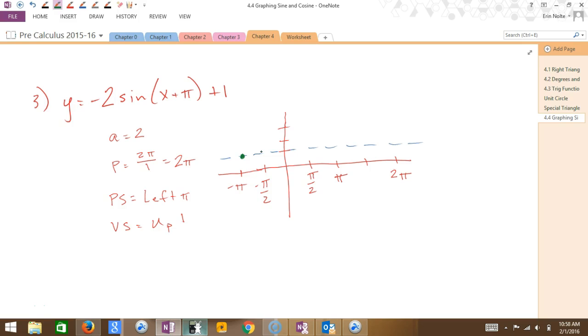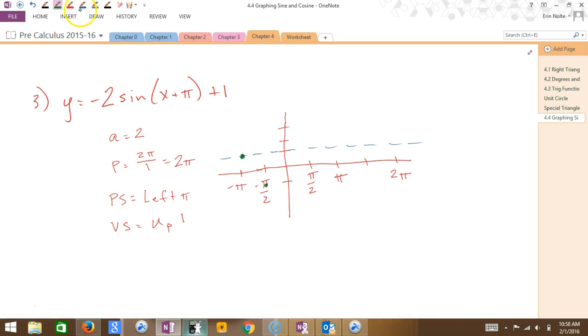Okay, so that means I need to go down to my minimum. Okay, so remember that my amplitude is 2. How low am I going to go? To -1. Very good. Does that make sense to everybody? Okay, so that first increment to the right is going to be a -1.